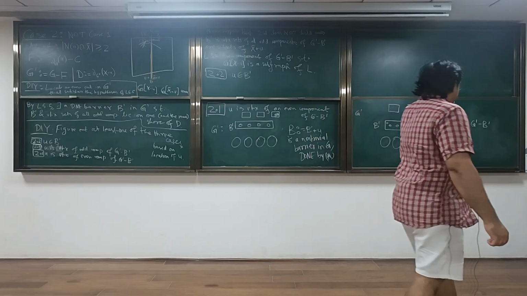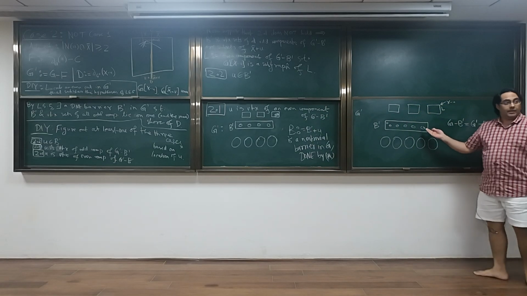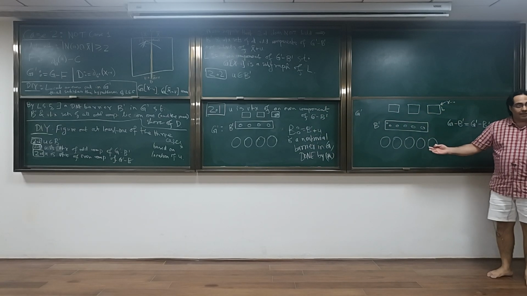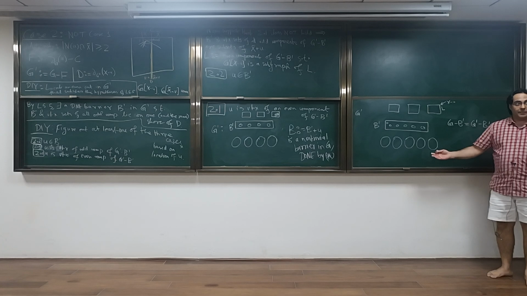So therefore, if this were non-trivial, we would be done. The only issue is, it could be trivial. Well, if it is trivial, let's make it non-trivial. How do we make it non-trivial? Add one vertex from somewhere. From where?